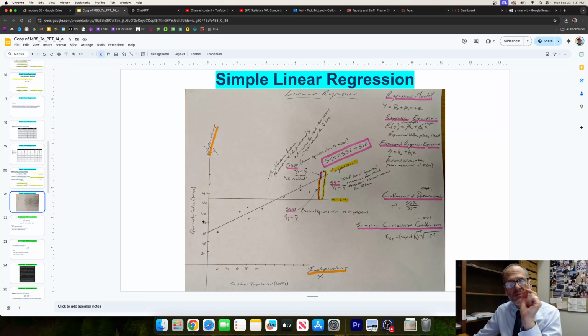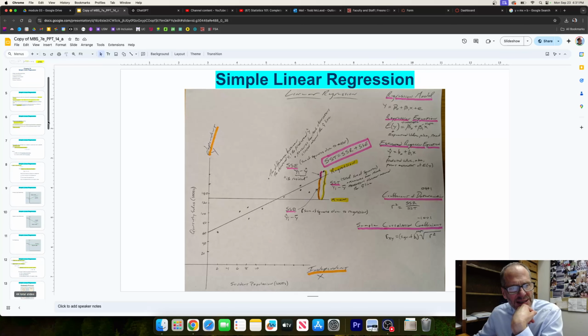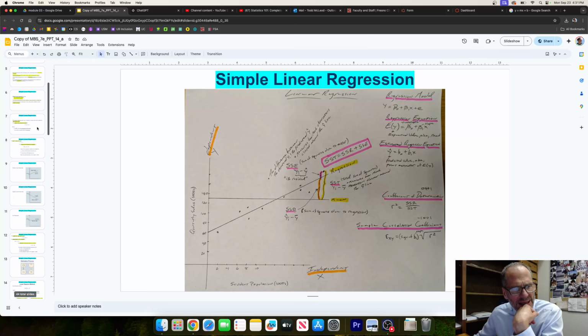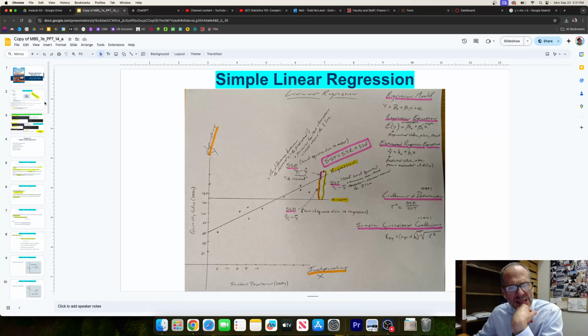And this probably isn't completely clear to you yet. But as we go through these slides, we've got 28 slides to go through, we'll come back to this. And having this little chart right here is going to be super helpful. Knowing that the dependent variable goes on the y-axis and is represented by y is hugely important. You can see here that all these things have y in them.